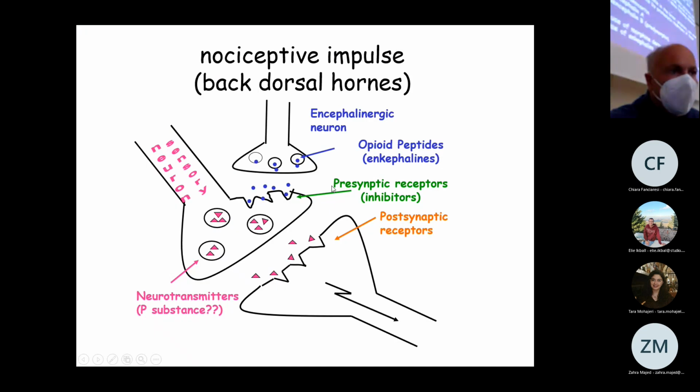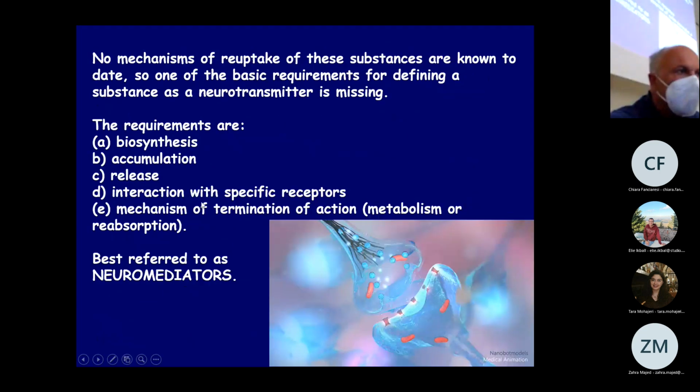Because if you see here, the requirements for a neurotransmitter are biosynthesis, accumulation, release, interaction with the specific receptors, and a mechanism of termination, metabolism or absorption.